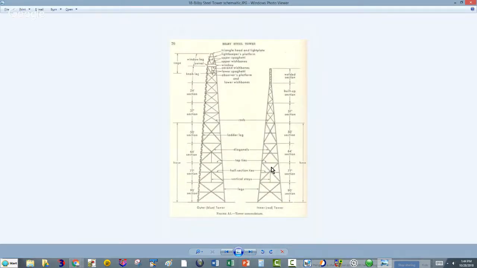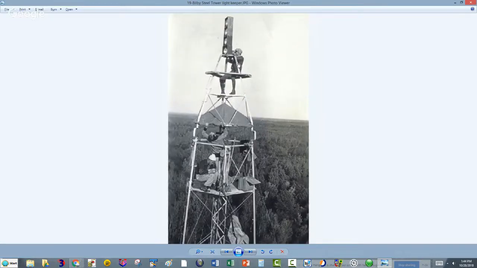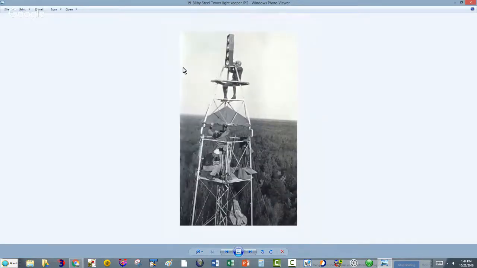Here's just another view of the inner and outer towers. There's the ladder that they would climb up to get up on there. Here's a neat picture of the light keeper. He's looking with his binoculars, trying to find the other tower that he needs to rotate and aim this bank of lights toward.